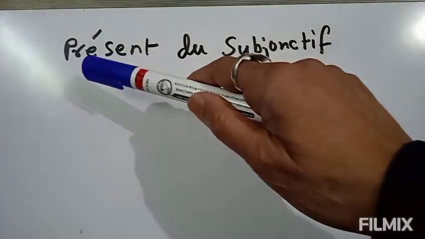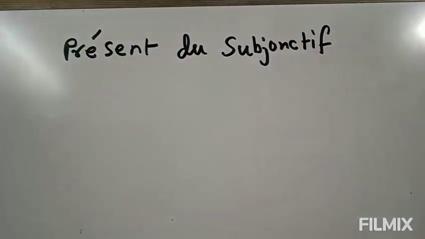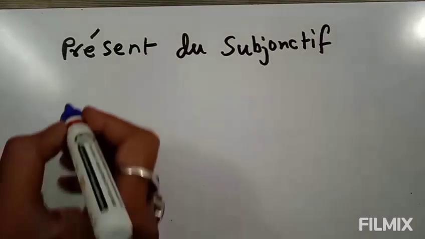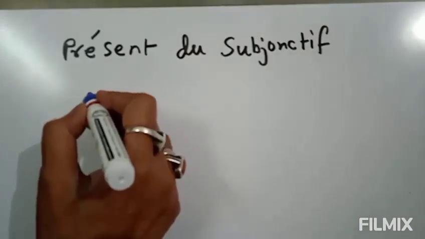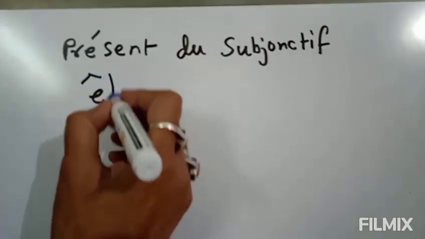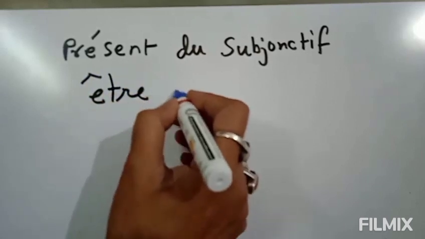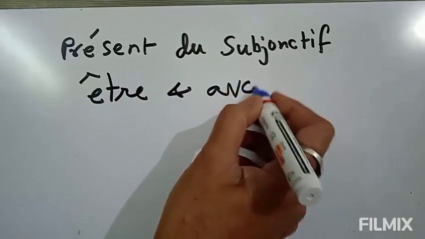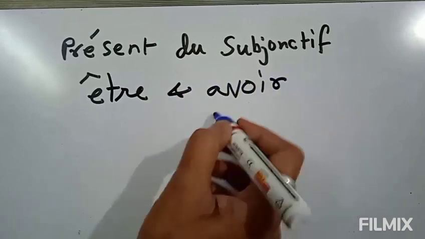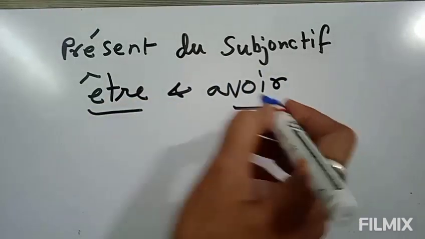Today's topic, let's start Présent du Subjonctif. Présent du Subjonctif is a very important part of the French grammar. I'll be showing you in today's class only the verbs être and avoir.